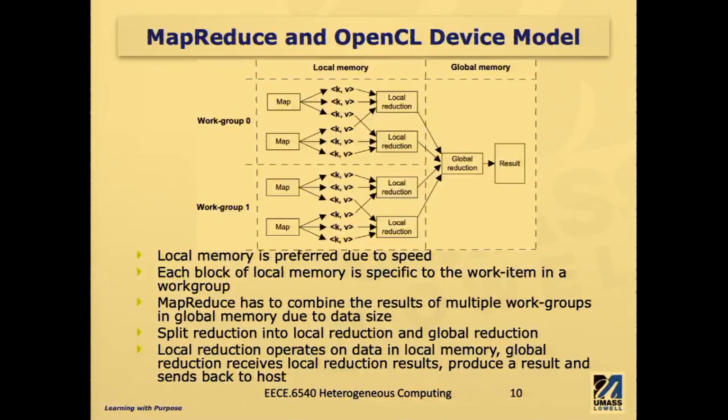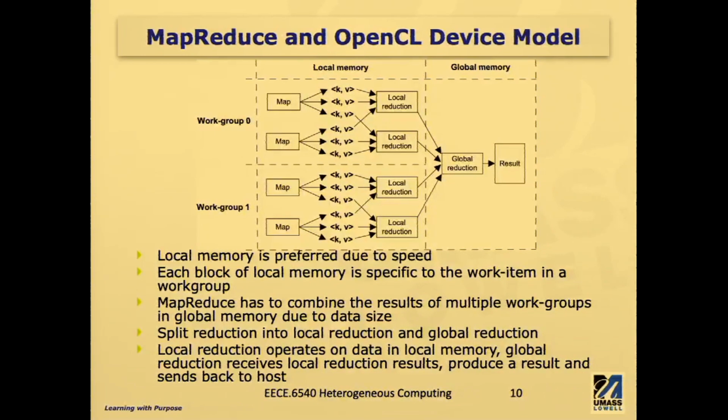We said earlier that we would not be able to afford to put all the key value pairs into the global memory and then do reduction on global memory, because that's a lot of pressure on memory bandwidth. You have to push all the computation results and key value pairs out, then you have to fetch them back in order to do the computation.